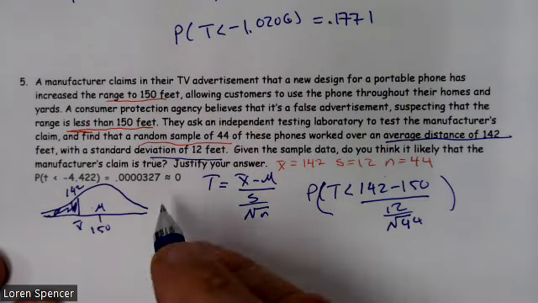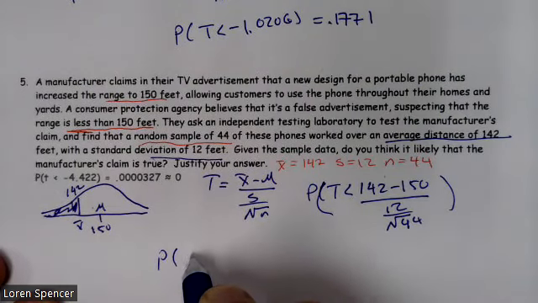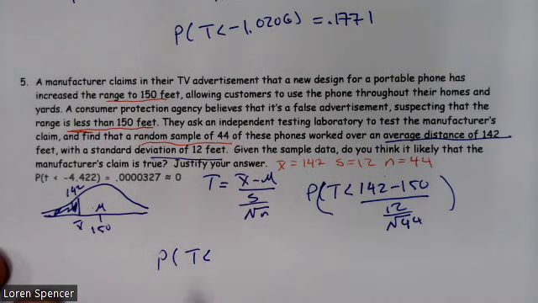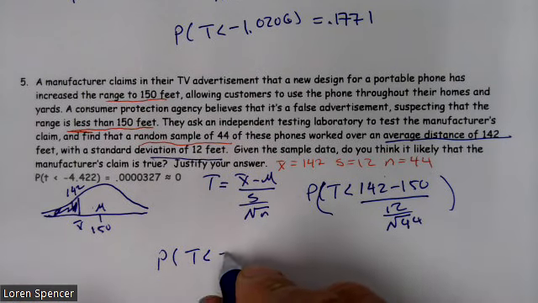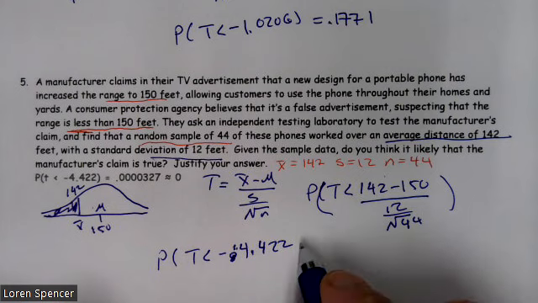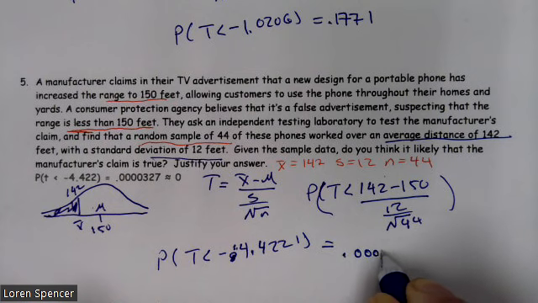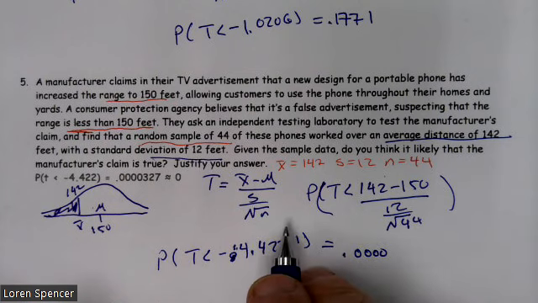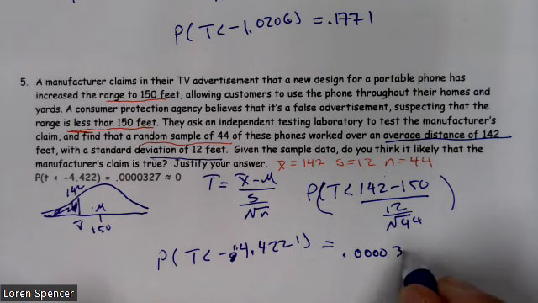So the probability that T is less than negative 4.4221 equals 0.0000, and I'm going to keep writing 327.